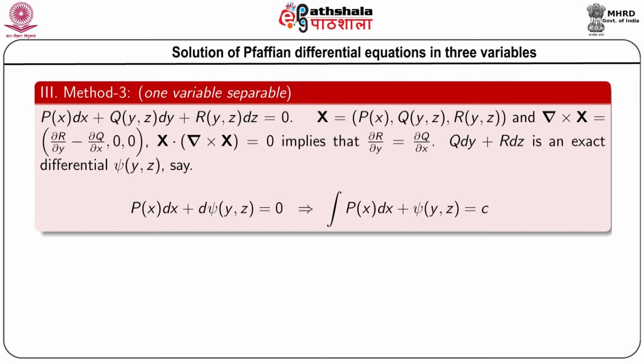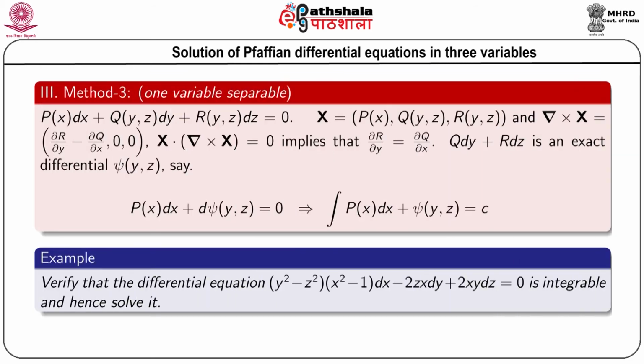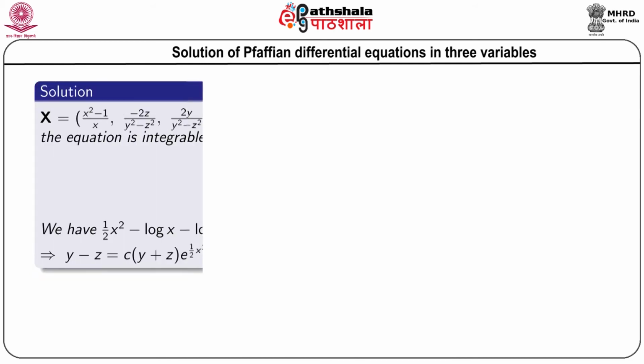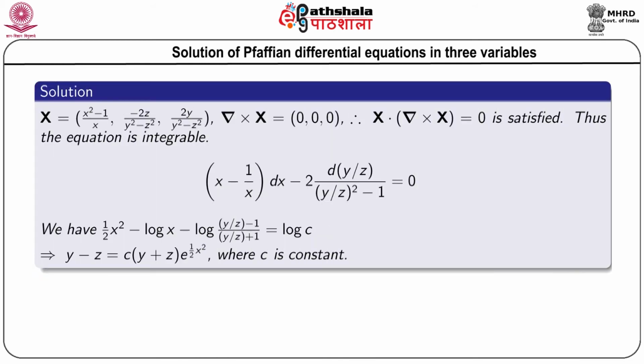To illustrate that, we are taking one example: (y² minus z²)(x² minus 1) dx minus 2zx dy plus 2xy dz equals 0. First of all, we have to check the integrability of this equation. For that, we computed X dot curl X, and this is 0 for this example.